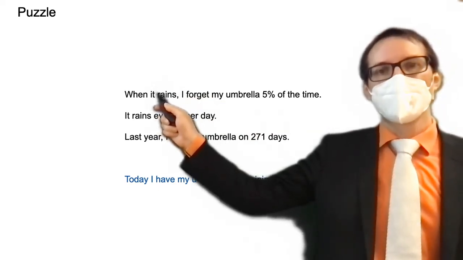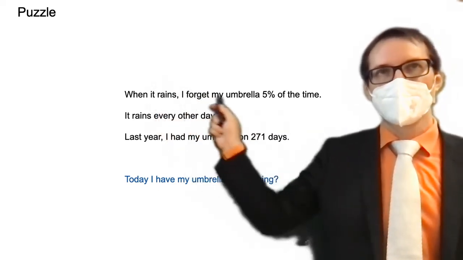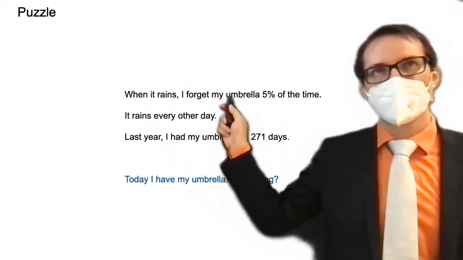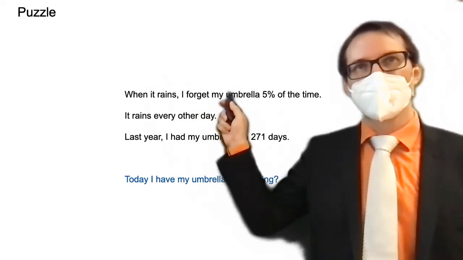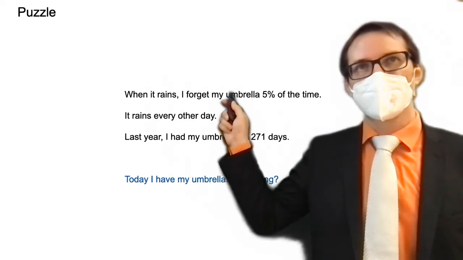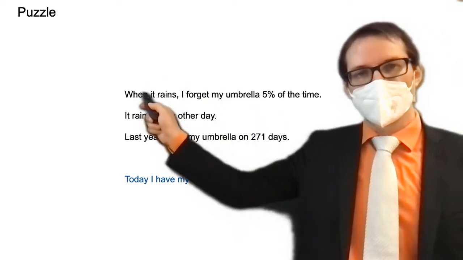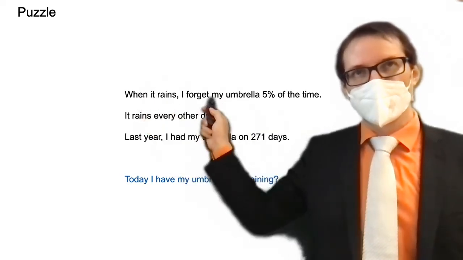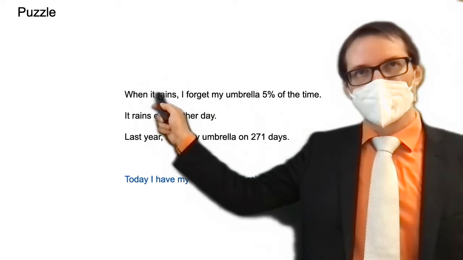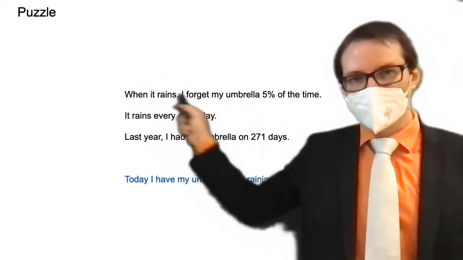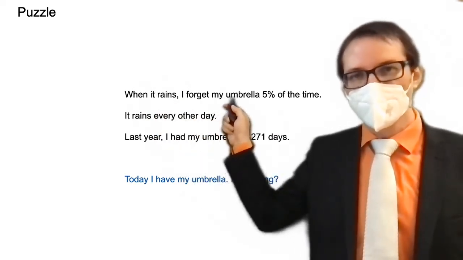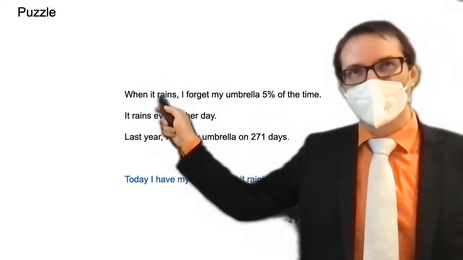The umbrella when it rains. Therefore, we would have P of not U knowing R. Yeah, so let's call them U and R. Yes, absolutely. So the P of the complement of U knowing R, yes.